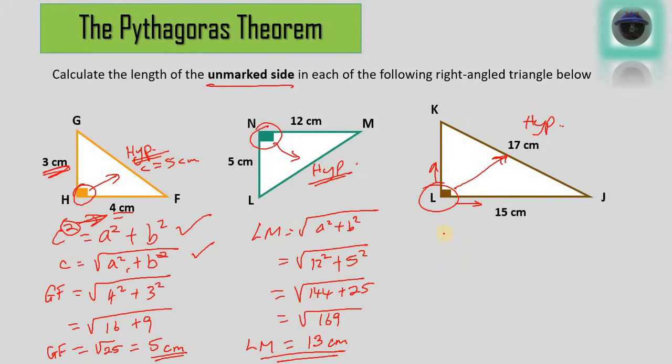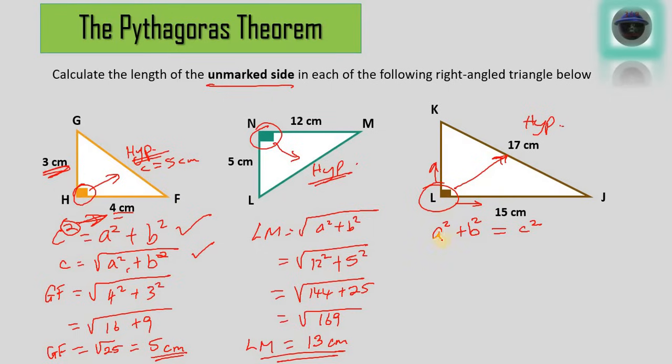So go back to the formula, which states that A squared plus B squared, which are the two short sides squared and added, is equal to the hypotenuse squared, the longest side squared. If we want to find one of the short sides, let's make A the short side. It doesn't matter if it's A or B, because the order in which you add doesn't matter.